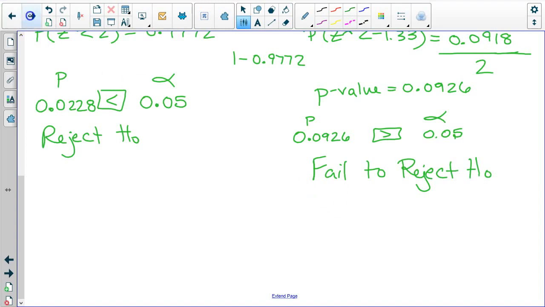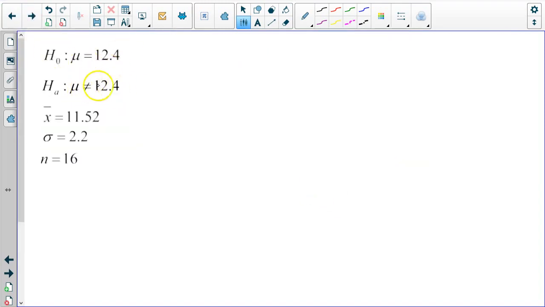All right, there was one more. Have you had time to try that one? Go for it. Okay, so this one says does not equal to, which means it's a two-tailed test. When you plug it into your formula, you would have 11.52 minus 12.4, right?